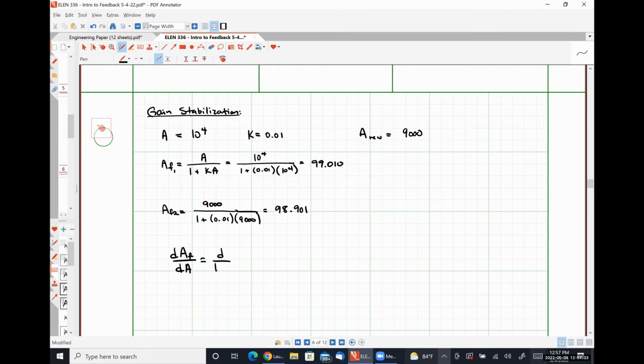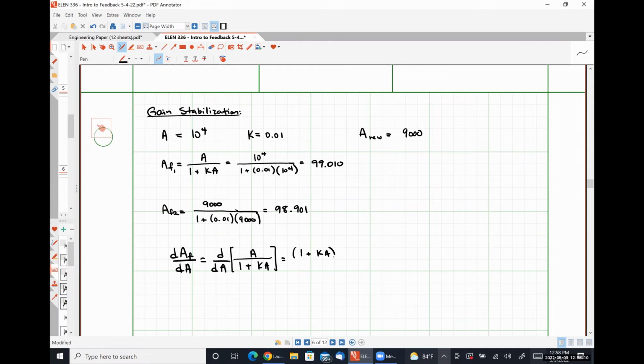This would be the derivative with respect to our open loop gain of A over 1 plus KA. We can use the quotient rule to do this pretty easily, right? Using the quotient rule, I believe it is the denominator multiplied by the derivative of the numerator minus the numerator multiplied by the derivative of the denominator over the denominator squared, right?